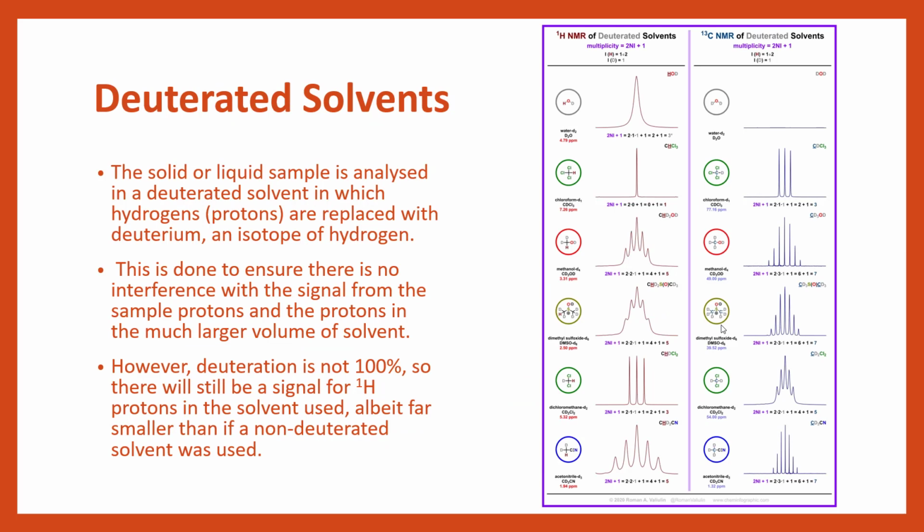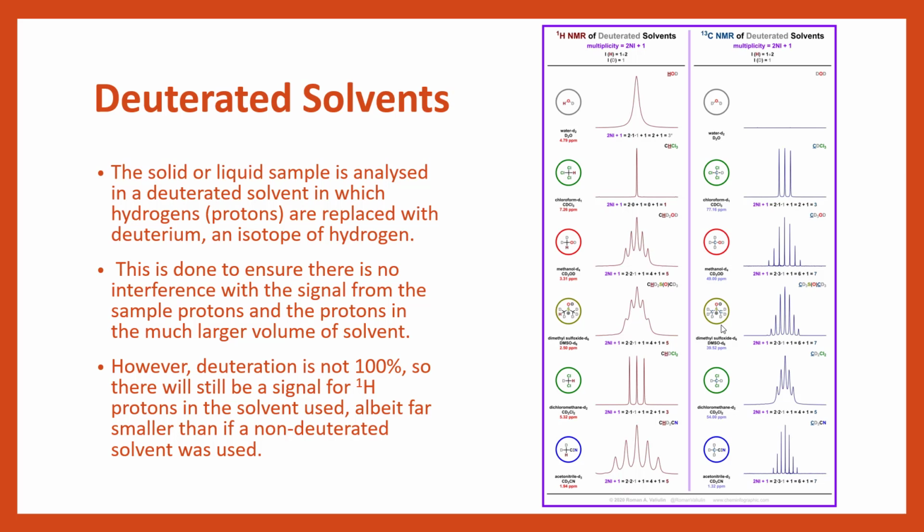I mentioned a moment ago that in sample prep, we use deuterated solvents, where the hydrogens within the solvent are replaced with deuterium, which is an isotope of hydrogen. The reason for this is, particularly when we're doing proton NMR, the protons within a regular solvent would also be detected.